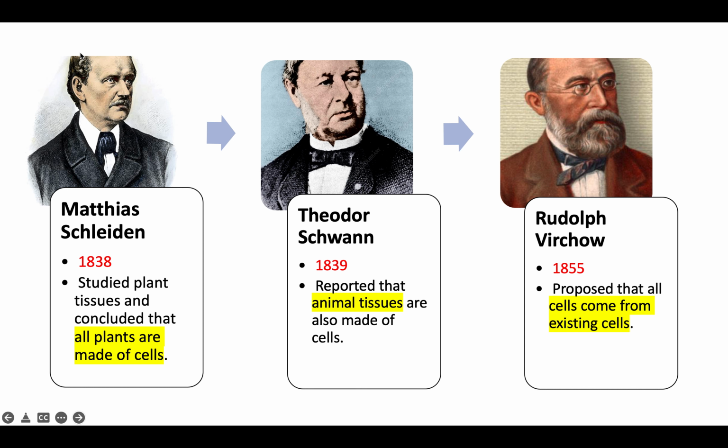A year later, Theodor Schwann, in 1839, working with animals, also reported that animal tissues are made out of cells. Lastly, we have Rudolf Virchow in 1855, proposing that cells have to come from existing cells. There was actually this idea that living cells came from a non-living organism, where it just spontaneously popped up, which was disputed by Virchow.